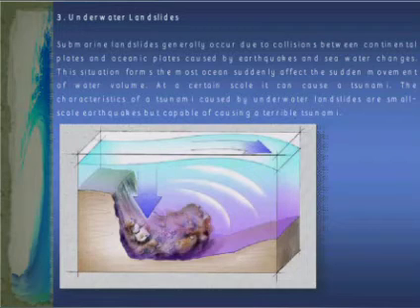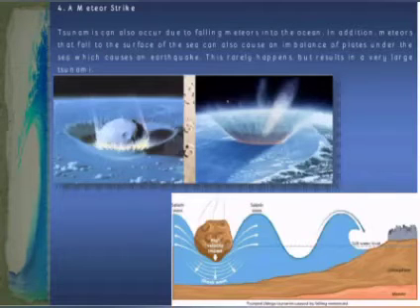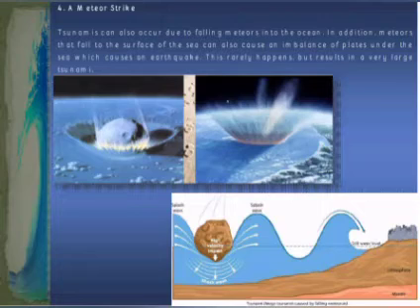At a certain scale, it can cause a tsunami. The characteristic of a tsunami caused by an underwater landslide is a small-scale earthquake but capable of causing a terrible tsunami.